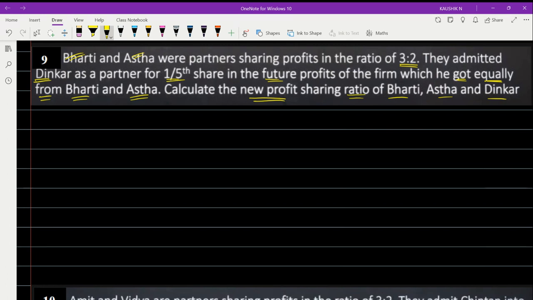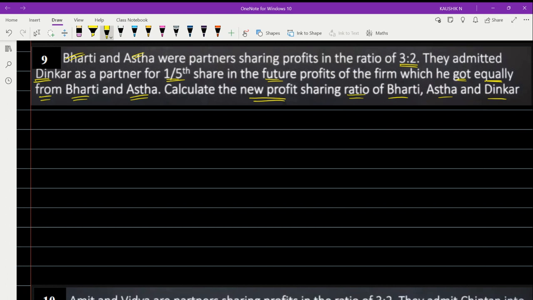I said this very well in advance, right? The new profit sharing ratio will not be given in the question. You only have to calculate the new profit sharing ratio in all the cases.